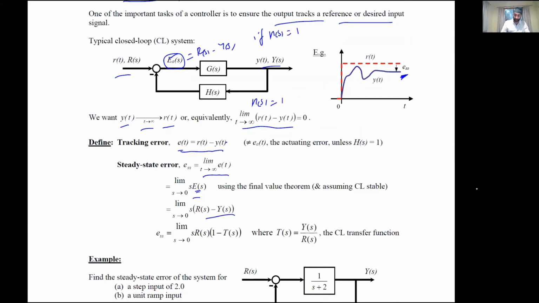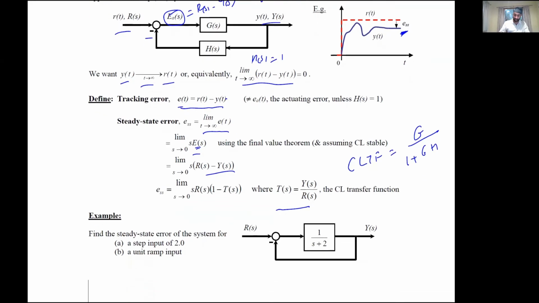So we end up getting s times R(s) over 1 minus Y(s) divided by R(s), where this is represented by T(s), which is basically the same as the closed loop transfer function, which we have also encountered earlier. We studied the formula for this earlier, which was given by the forward loop transfer function G over 1 plus, for a negative feedback system, G times H.